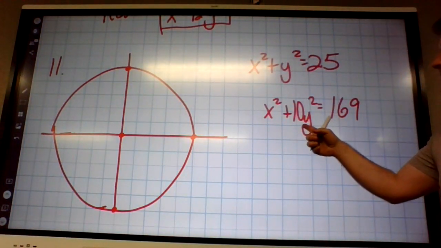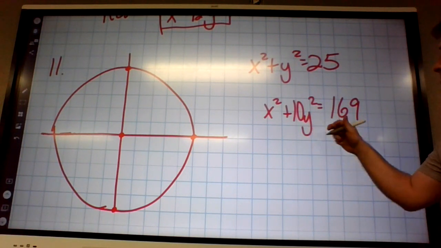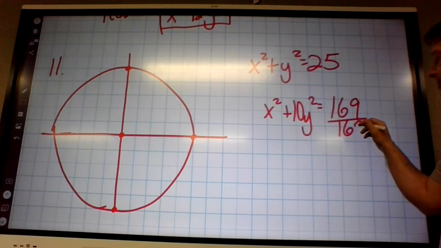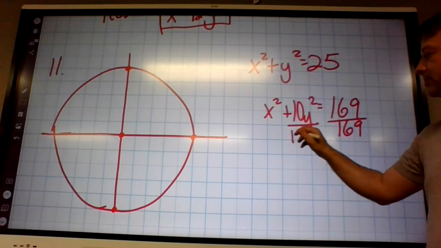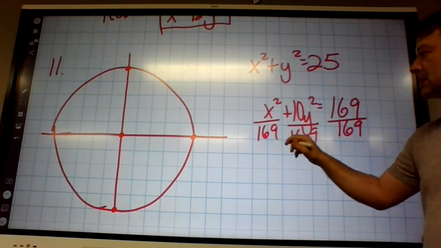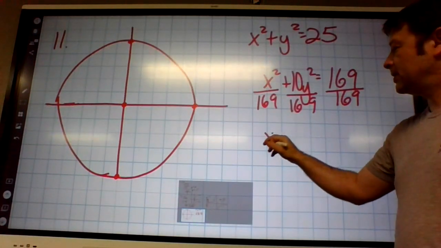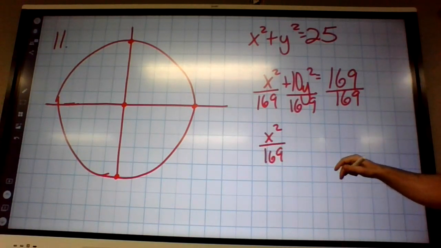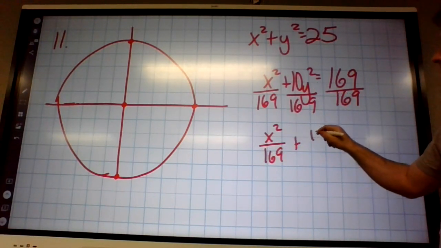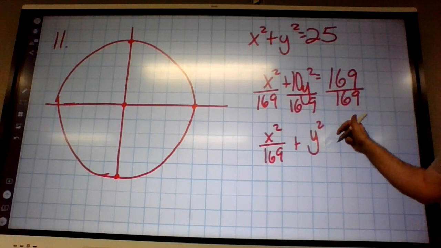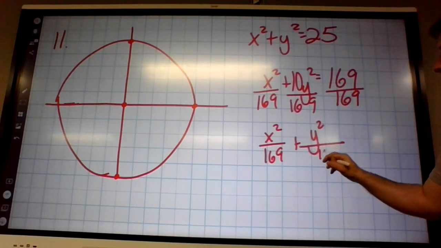Well, because there's a number right there, it's going to be an ellipse. So we need to turn this into a 1, like we did on that one problem. So I'm going to divide by 169. Okay, for this middle term, 10 over 169 is multiplying by that is like dividing by 169 over 10.